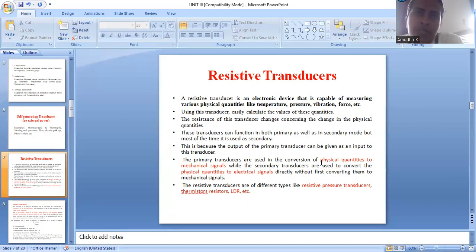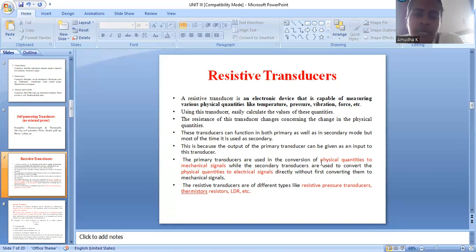The physical quantities, like temperature, pressure, vibration, force, are in non-electrical form, and are directly converted into electrical form.